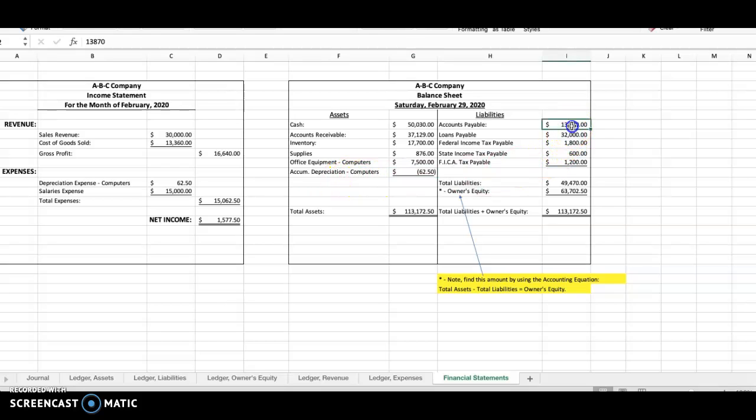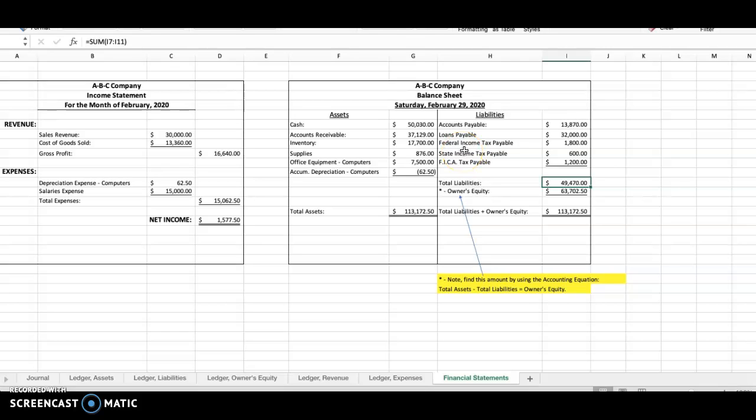We look at liabilities, and again from the ledger, we plug in accounts payable, loans payable, and the 3 payroll liabilities that we have, and we add up liabilities of $49,470.